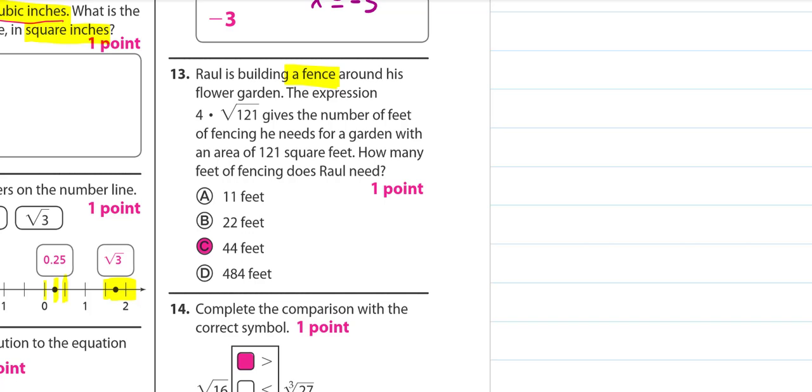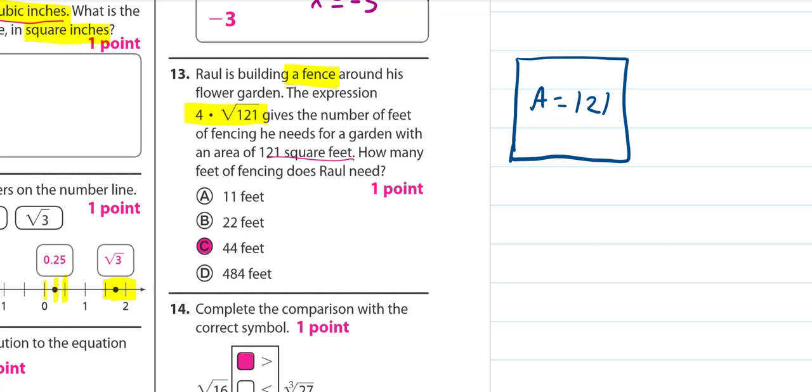The expression 4 times the square root of 121 gives the number of feet of fencing that he needs for a garden with an area of 121 square feet. So I know that this garden is a square and it has the area of 121 square feet.